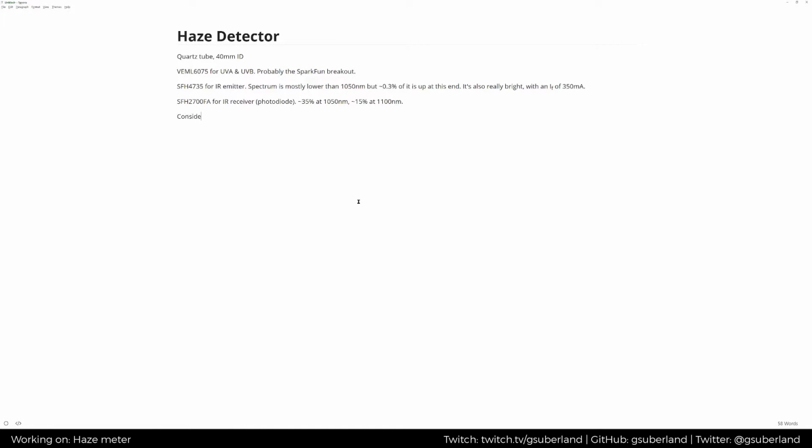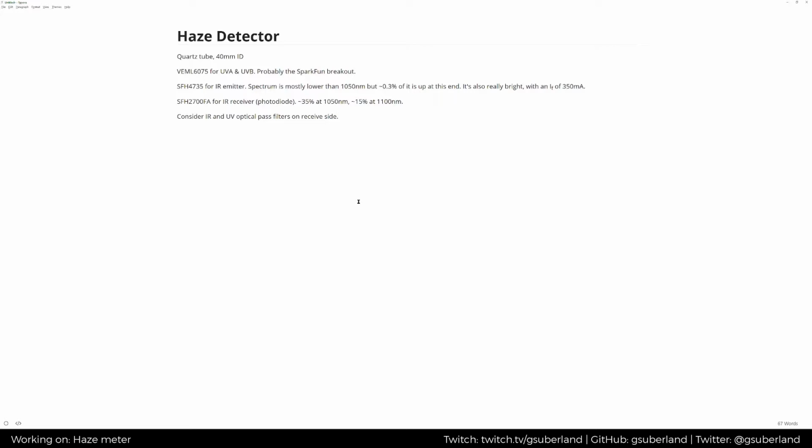So consider IR and UV. I think having the optical pass filters on the receive side makes more sense than on the emitter side, because if there is any stray light that comes through into the tube, having the filters on the receive side helps there.